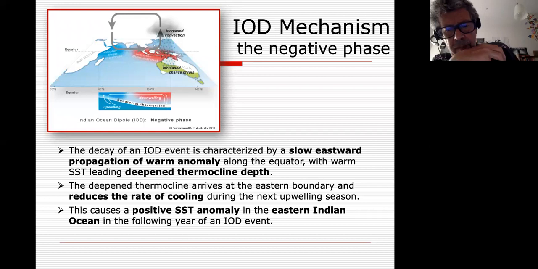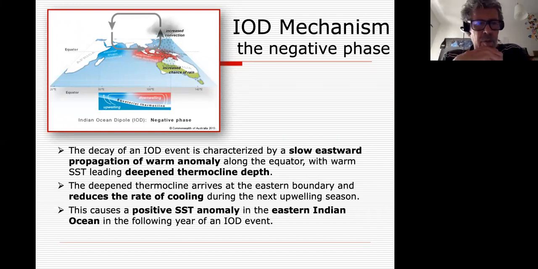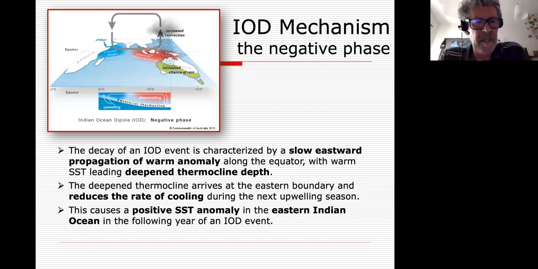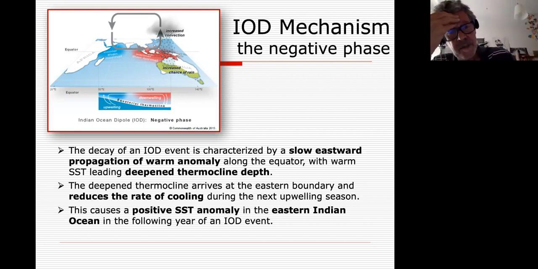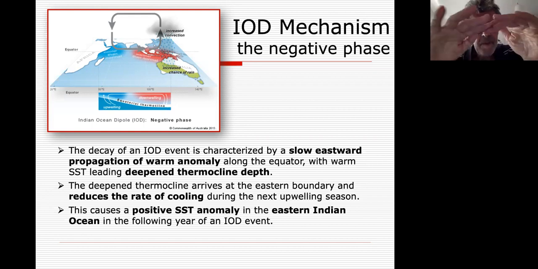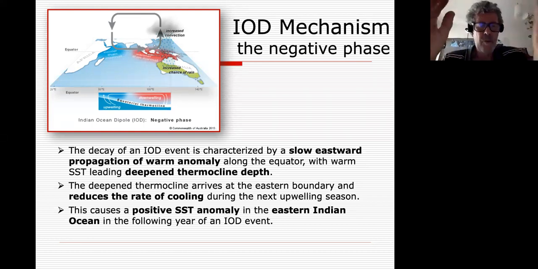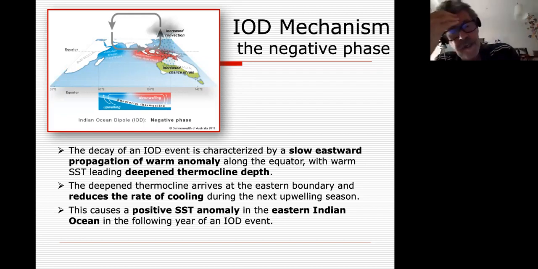So the warm anomaly is propagated eastward, and essentially this movement of water masses from the western part to the eastern part has a net effect of deepening the thermocline depth.